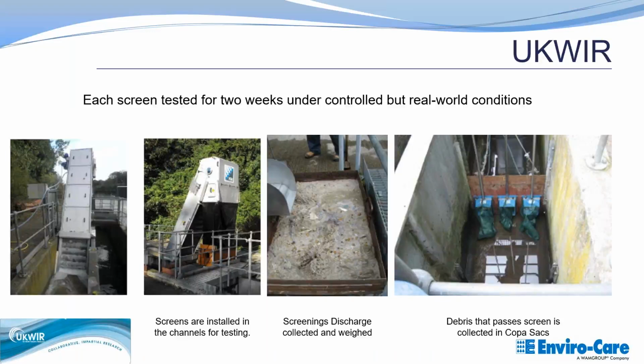Downstream of the screen, the picture on the right-hand side, this is after the screen. They have a block-off plate that is going to have these media bags on them called copa sacks. They have a very fine mesh media on it. That means that any material that's been missed by the screen gets caught by these bags, and they can weigh that too.